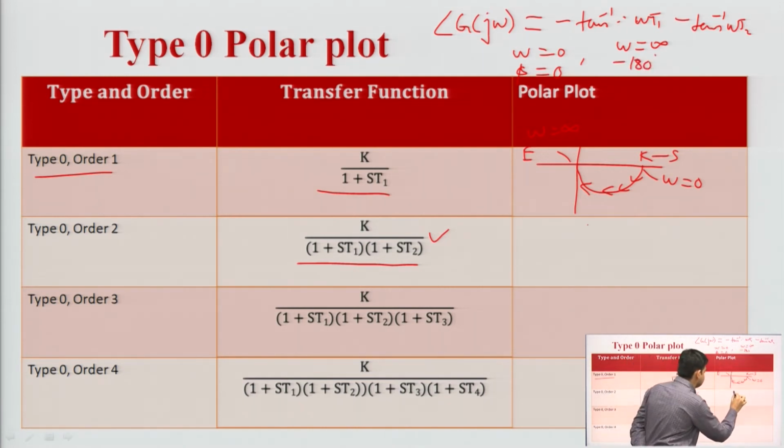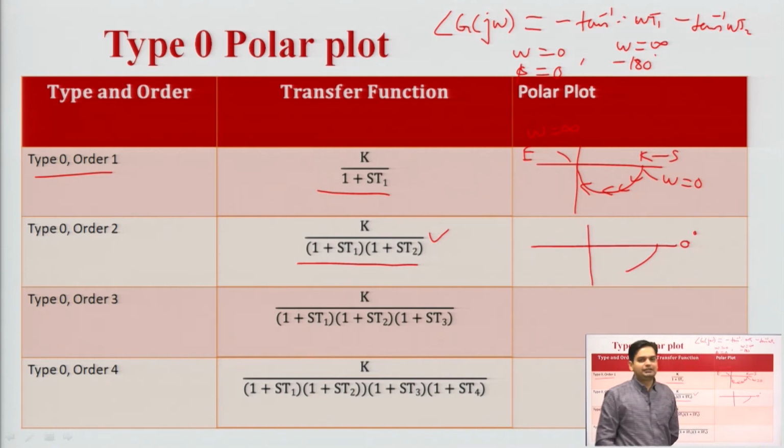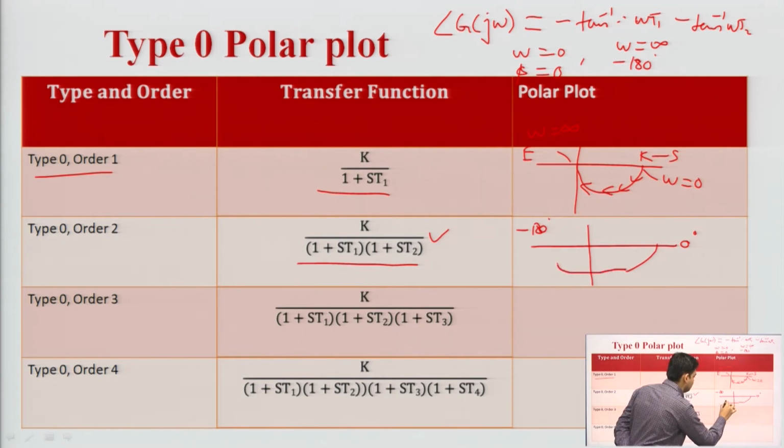It means for type 0, my polar plot will start from 0 degree and terminate at minus 180. So, I can say it will go and terminate like this. This polar plot is going in the clockwise direction and it is terminating at the angle of minus 180.